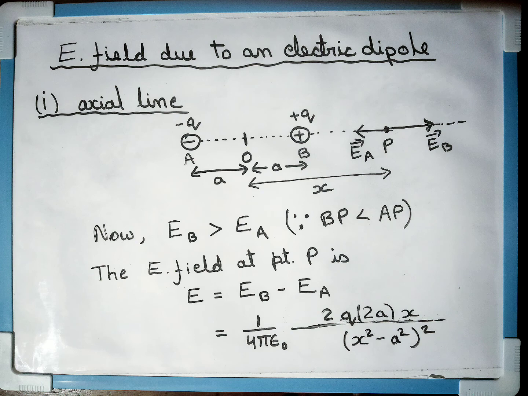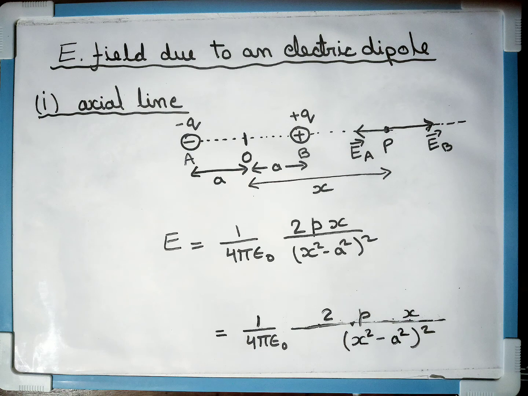Now if you can recall, Q 2a is the expression for the electric dipole moment P. So here, instead of Q 2a, we'll write it as P. So your E will be equal to 1 by 4 pi epsilon naught 2Px divided by (x square minus a square) whole square. So that is the expression for the electric field intensity at point P due to an electric dipole on the axial line.